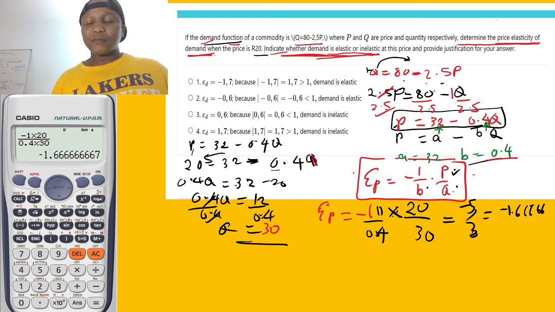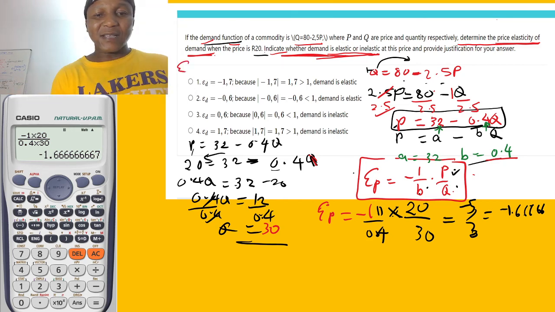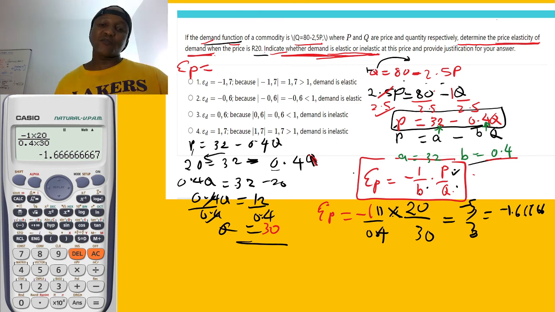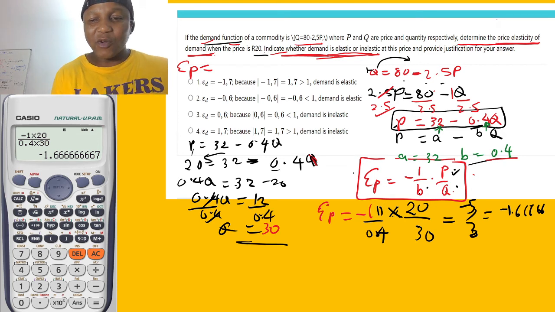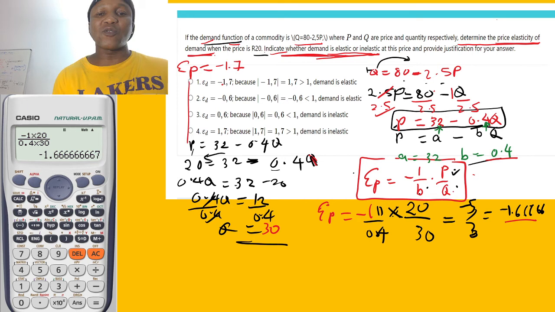If you approximate, looking at the options, it's going to be negative 1.7. So the price elasticity of demand is negative 1.7, because the only option closer is that one.